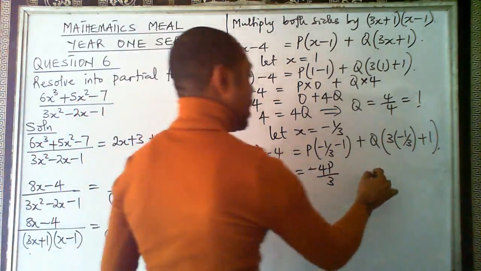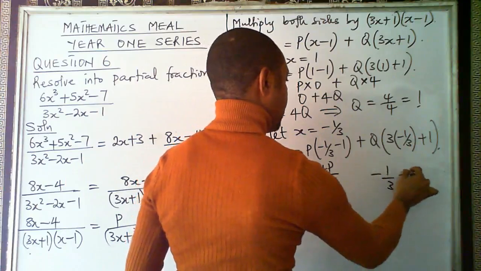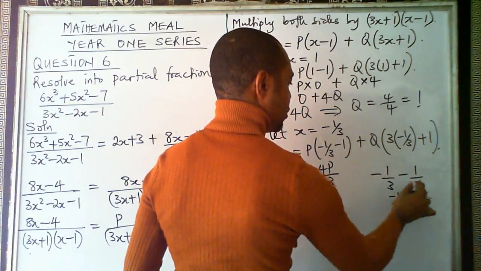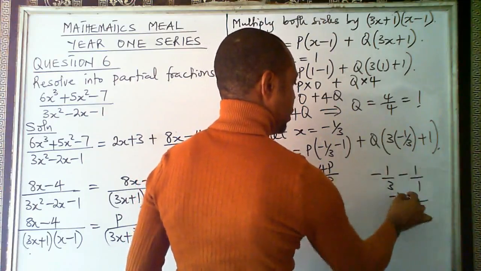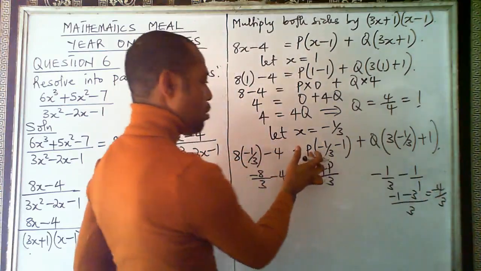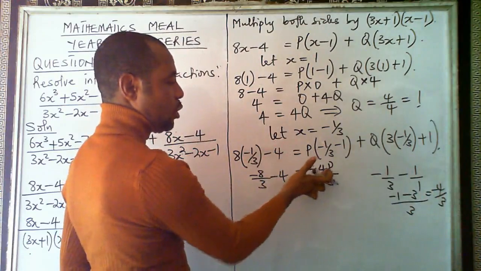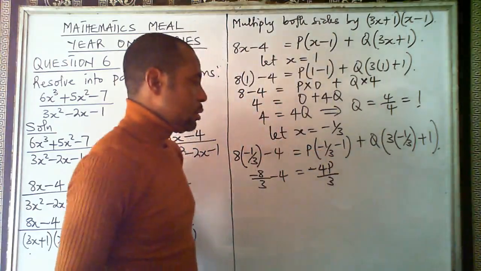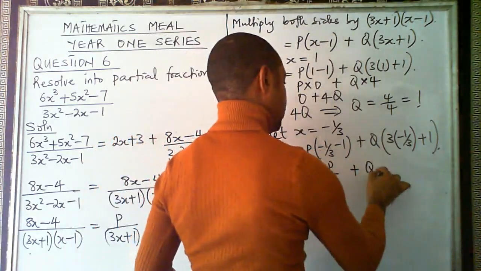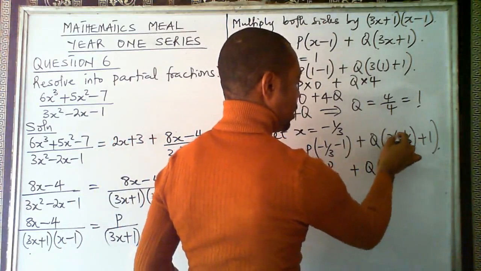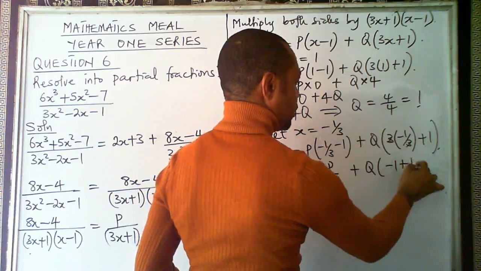If you do minus 1 over 3 minus 1, this is 1 over 1. This will give us minus 1, this 3 gives us minus 3. So it's minus 4 over 3, which when multiplied by p, we now have minus 4p for that. So this side becomes what? q into 3 can cancel out, so we are left with minus 1 plus 1.